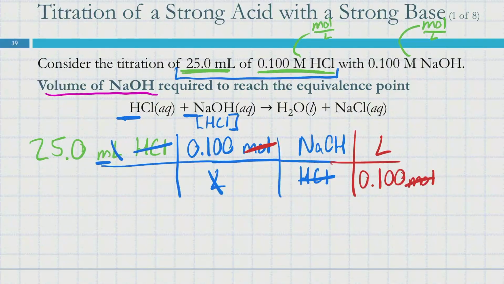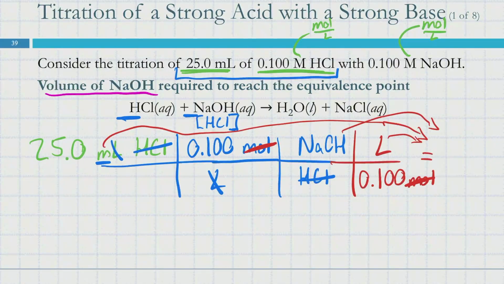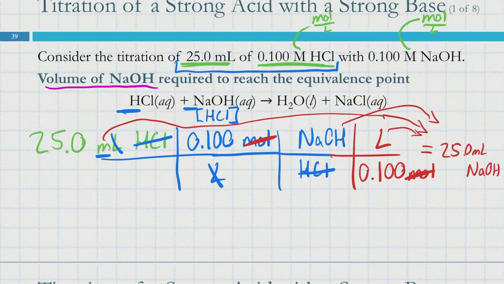And then our moles cancel. The milliliters, the liters, the sodium hydroxide all come through, and we'll end up with 25.0 milliliters sodium hydroxide.